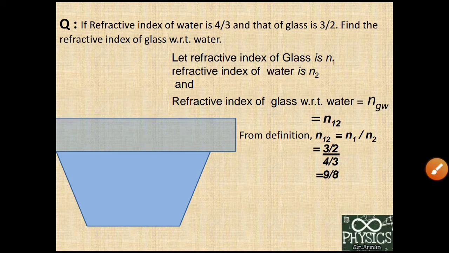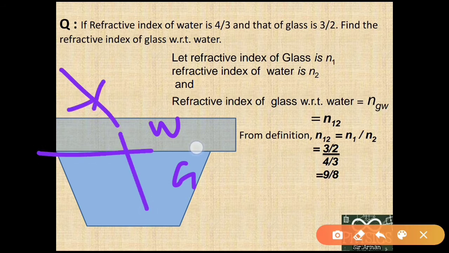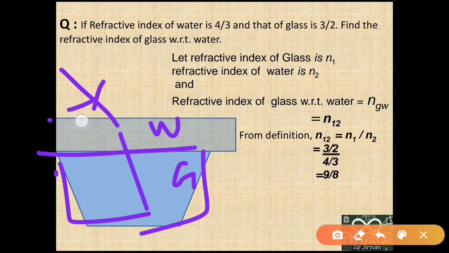If the refractive index of water is 4 by 3, that is here eta of water, and the refractive index of glass is 3 by 2, find the refractive index of glass with respect to water. So for example, let us consider this is water and this is glass. So light is traveling from water to glass. Here we have a thick slab of glass below, and here water is filled in a rectangular slab. Let us assume that.